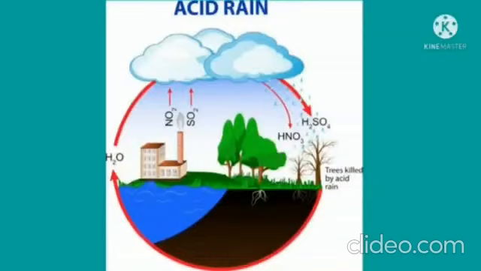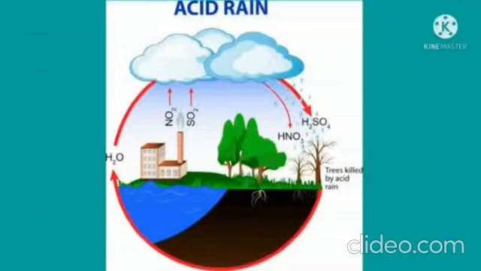Okay children, these are the effects of acid rain. Here, what are the components? Nitrogen dioxide, sulfur dioxide, sulfuric acid and nitric acid.